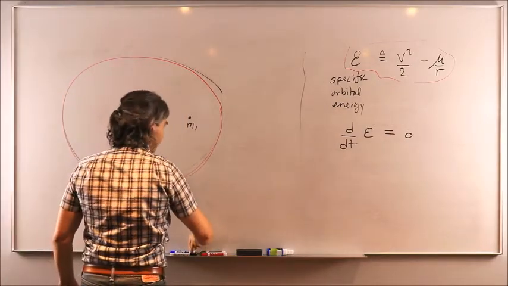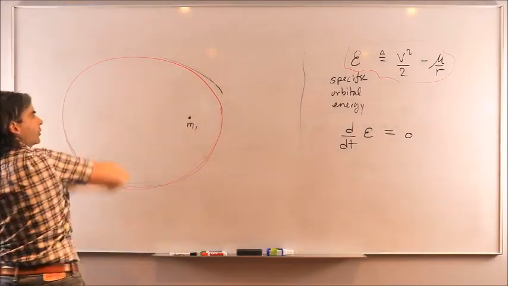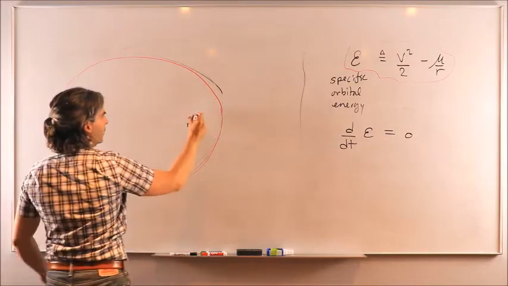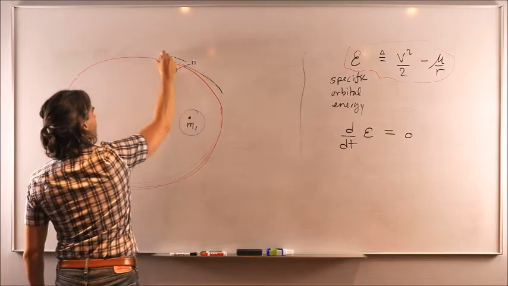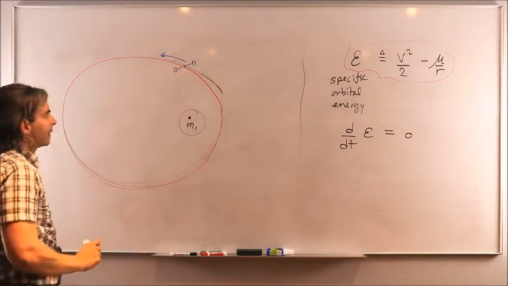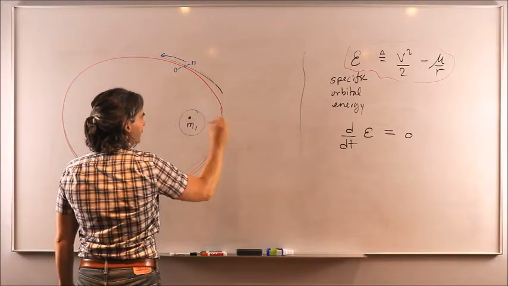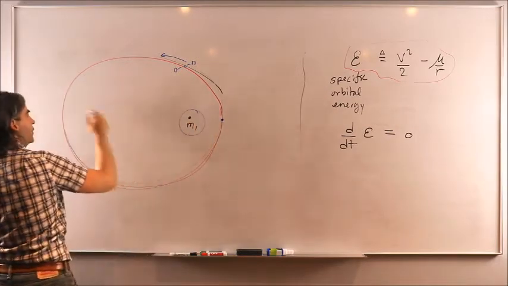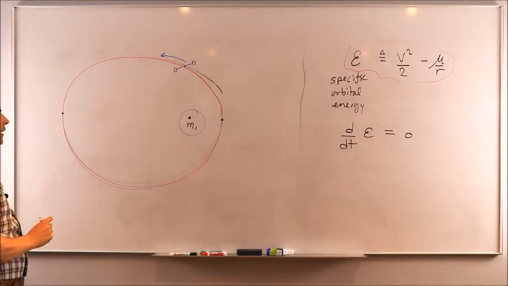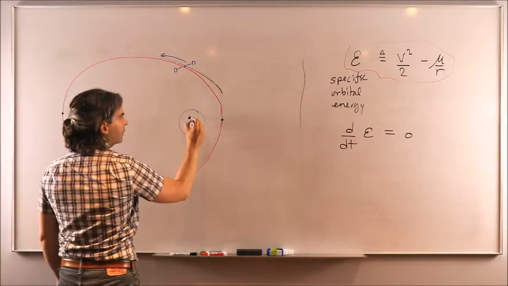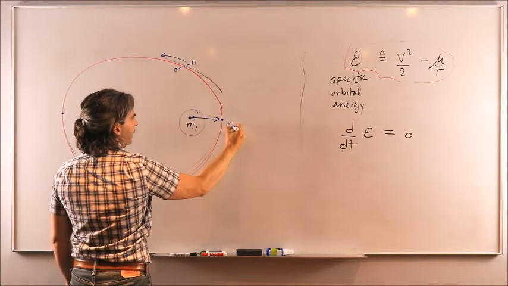So again, the orbital energy being conserved has to hold at any point along my orbit. Okay. So again, M1 is the Earth, and the spacecraft is orbiting in this direction, like that. So the orbital energy has to be the value at this point, but that value has to be exactly the same at the farthest point along the orbit, which means that as r, which is the distance between M1 and the spacecraft, changes, so does everything else.